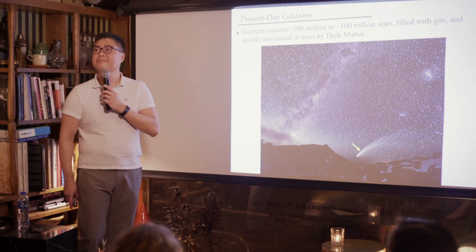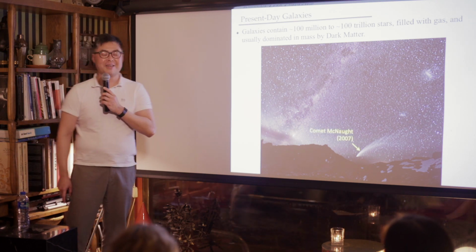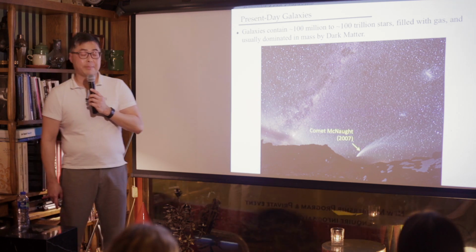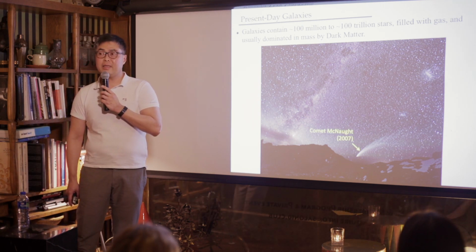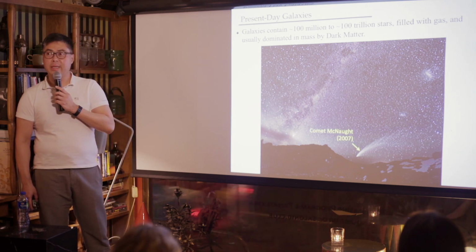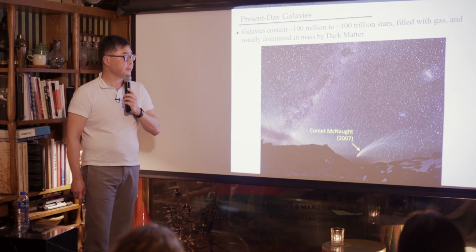What is this, Amruth? A comet. Very good, thank you. I'm not going to ask you which comet it is. This is the comet that appeared in 2007, about 10 years ago. If you were in the southern hemisphere, you could have got a good look at this comet.